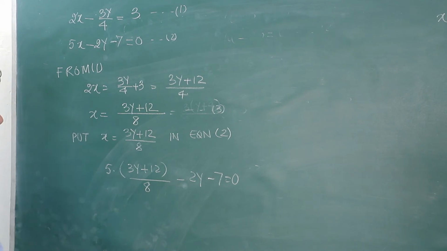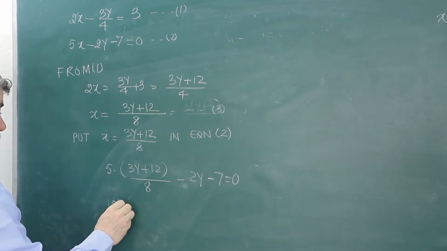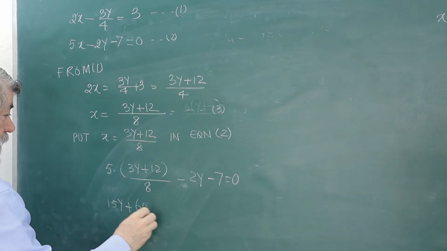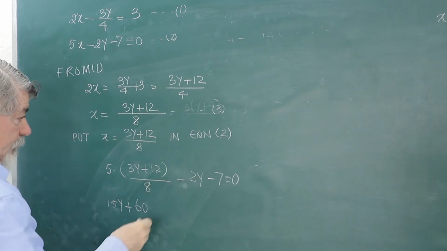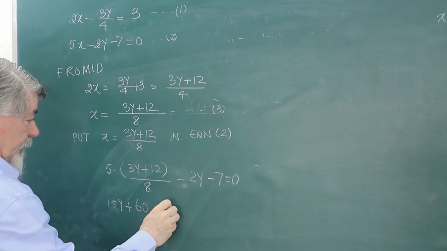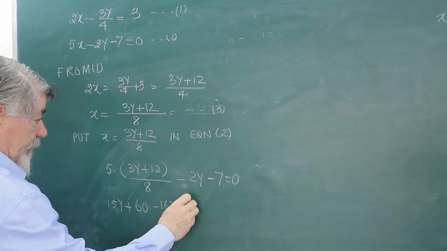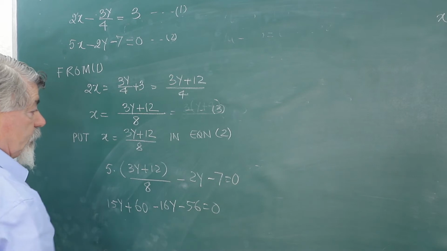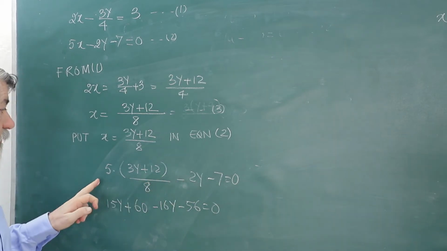Now let us get the value. How much will that be? 15y plus 60, if I take 8 as the LCM, so 8 2s are 16y, 8 7s are 56, is equal to 0.